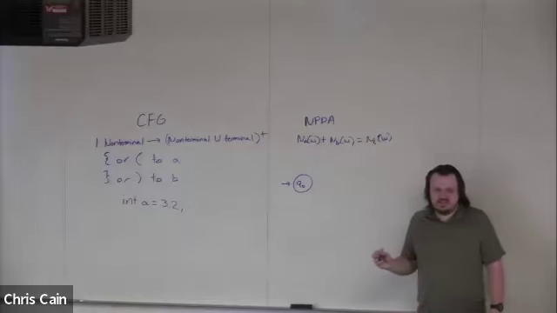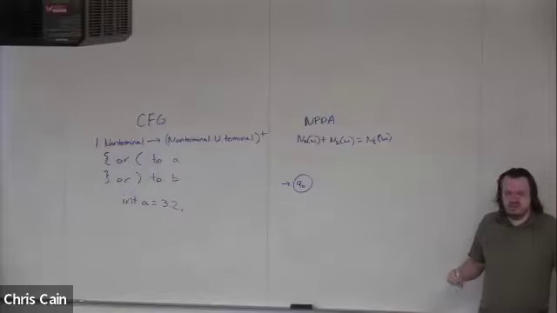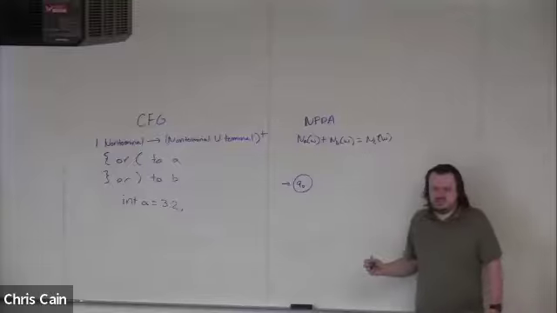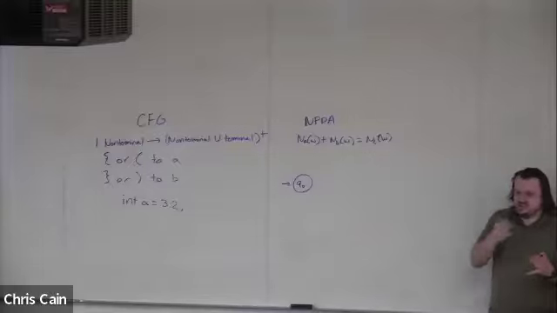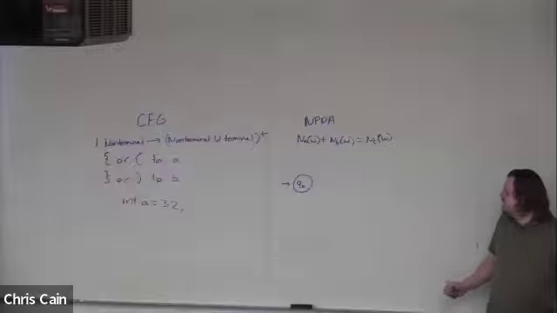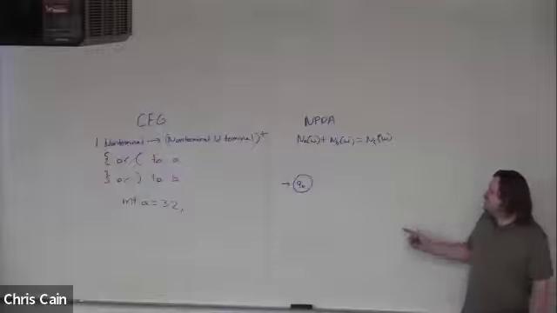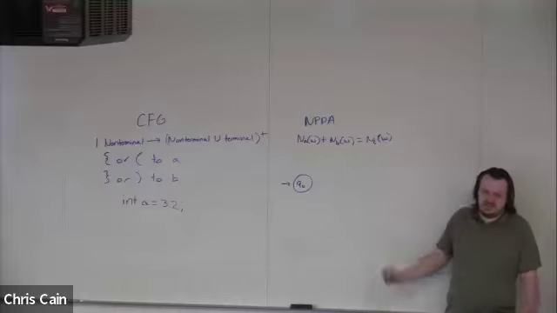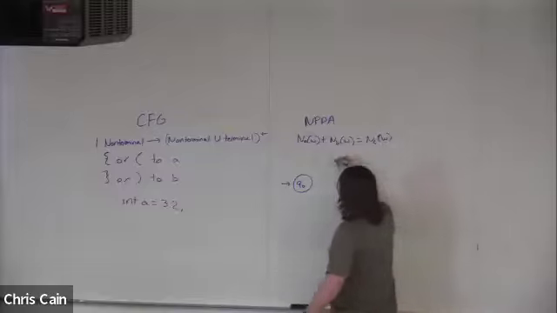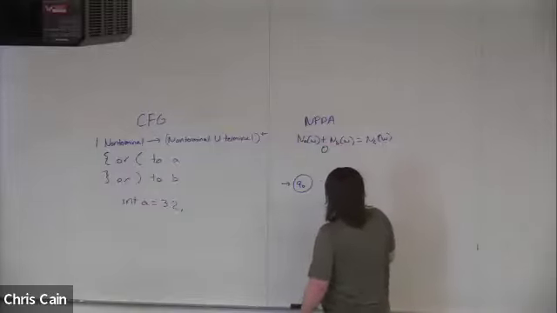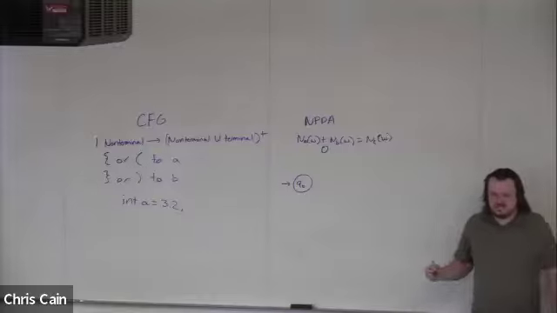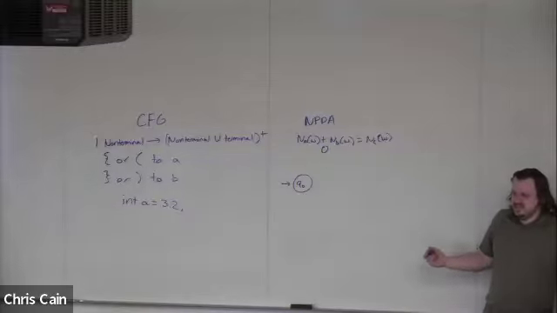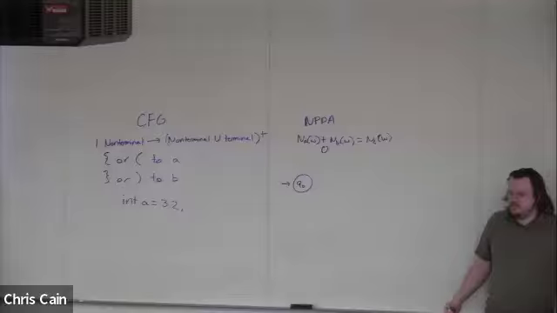I'm going to decide before I even begin what my stack characters are going to represent. To be able to determine this equality, what we really care about at each stage of reading a string is how many of each of these characters we have more than the other or less than the other. So I'm going to state that a 0 means that we've seen more A's plus B's than we have C's, and the number of zeros on the stack is how many more A's and B's than C's we have seen.